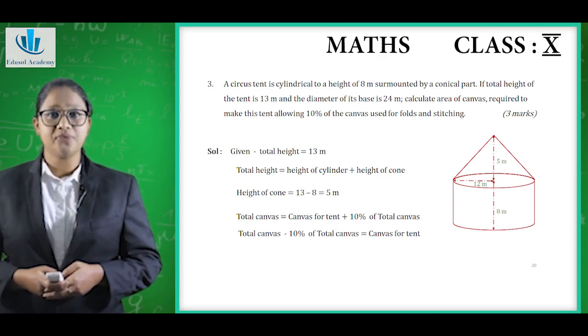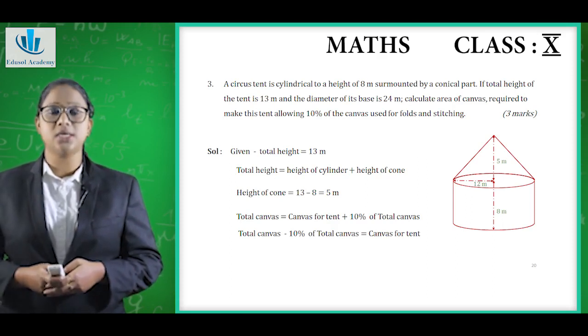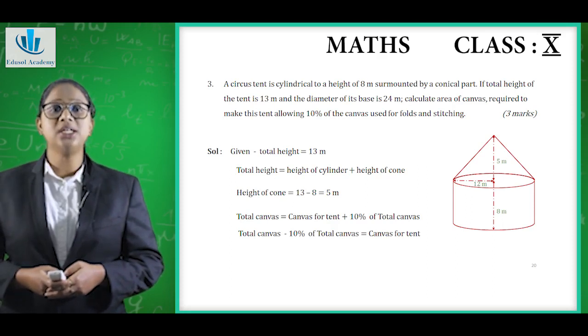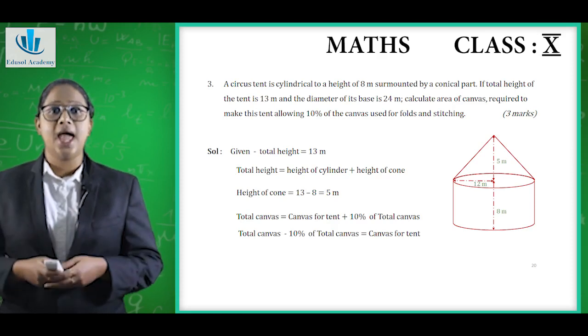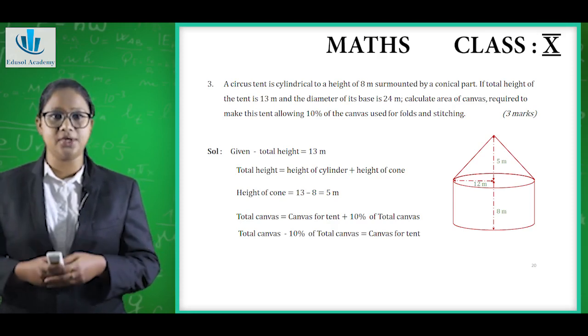Now we are supposed to find the total area of the canvas required, but there is a condition. 10% of the total canvas is to be used for folds and stitching. So the equation will be total canvas is equal to canvas for tent plus 10% of total canvas. As in canvas for tent is for the shelter and 10% of the total canvas is for all the foldings.